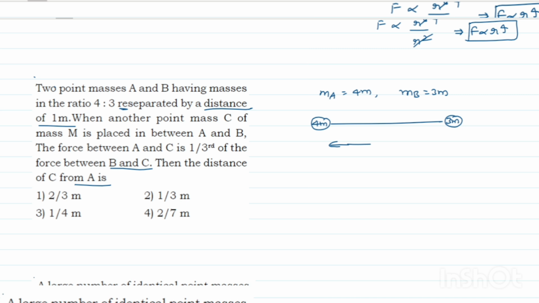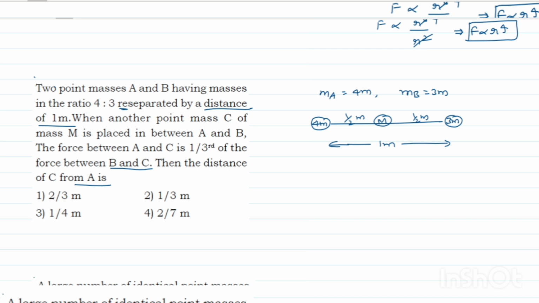Another point mass C of mass capital M is placed in between A and B, and here this is M, and in between these two, you can write this as 1 by 2 meter and this as 1 by 2 meter.